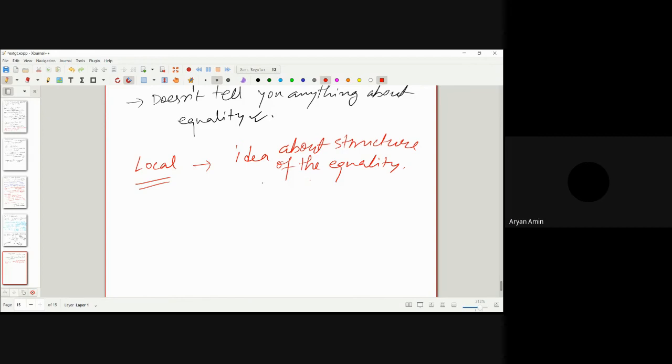For example, you might have a feeling that independent sets are going to be important in the problem, or let's say something like a maximal matching is going to be important, and start working with it. Although I'd say this becomes much more prominent if you just know the answer, if you know the equality case, right? Then those ideas are much more motivated. So local gives you an idea about the structure of the equality graph, and global ideas are sort of more algebraic.